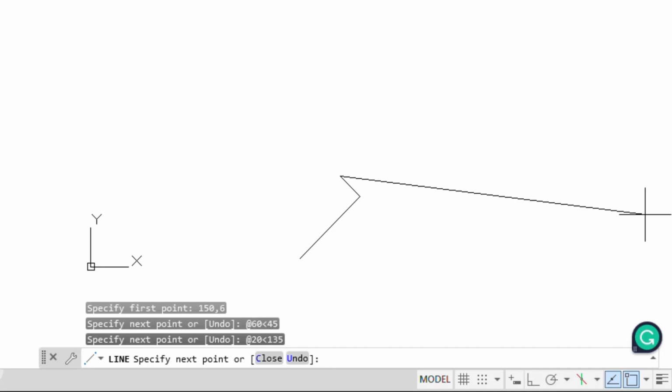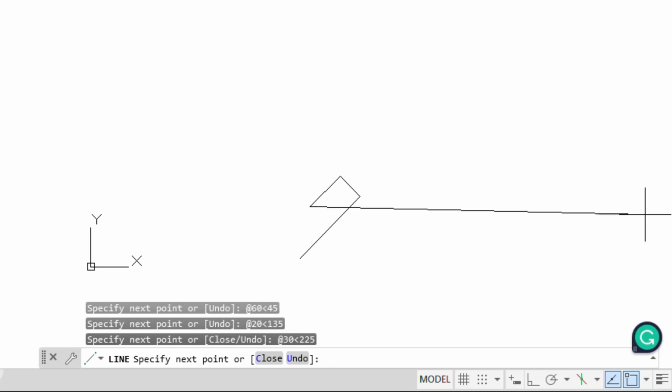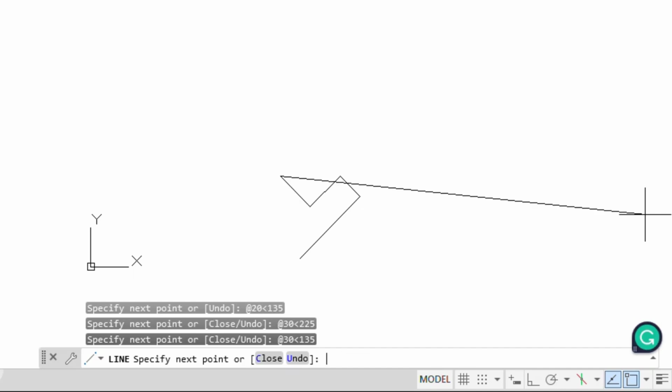Point number 4. @ 30 less than 225. Next again @ distance is 30, the angle is 135. Again @ the distance is 30, then the angle is 225.